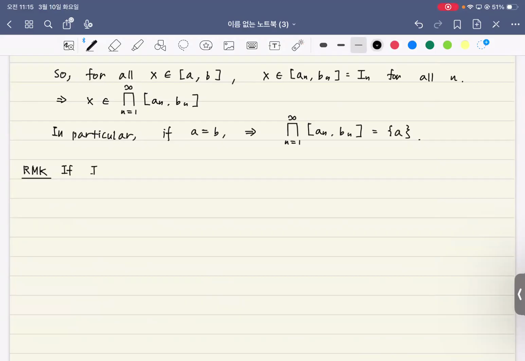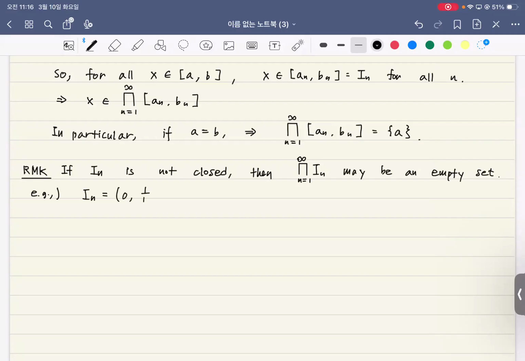If In is not closed, then this infinite intersection may be an empty set. For instance, suppose this is my interval.